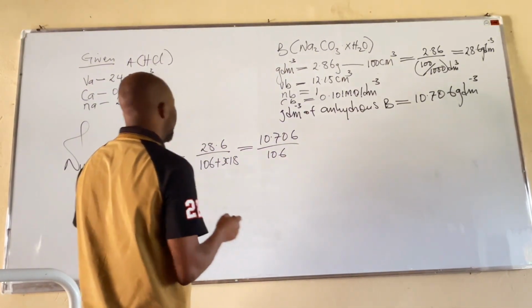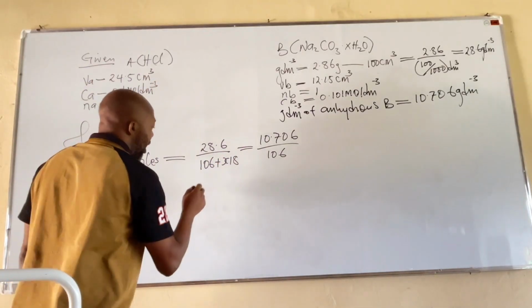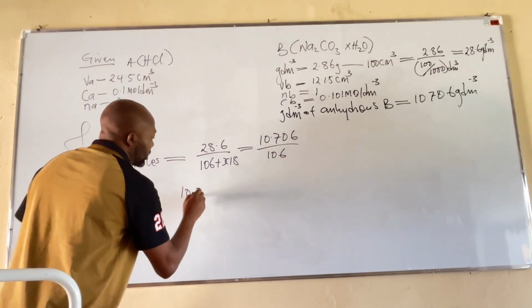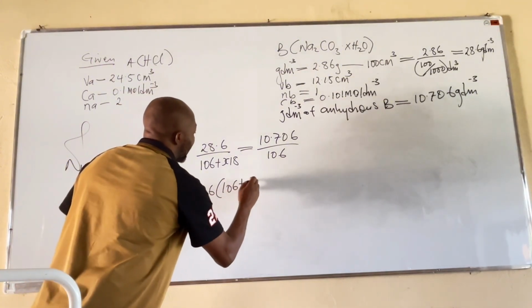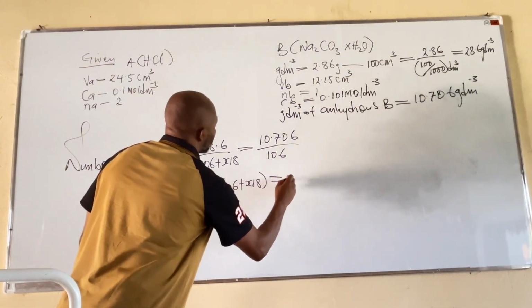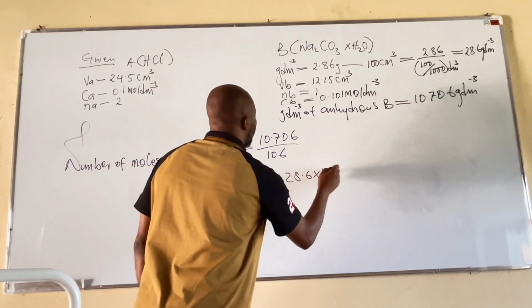I have to make X the subject, so I do my cross multiplication. I will have 10.706 times (106 plus 18X) equals 28.6 times 106.